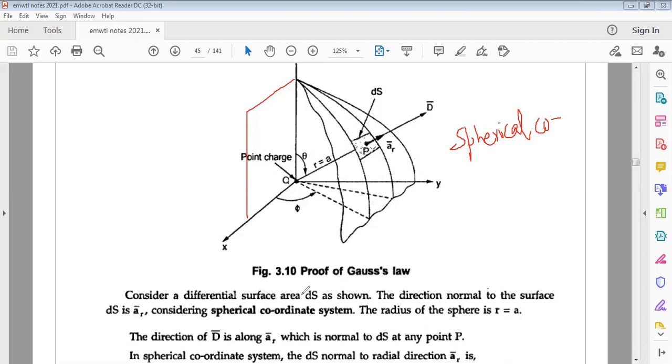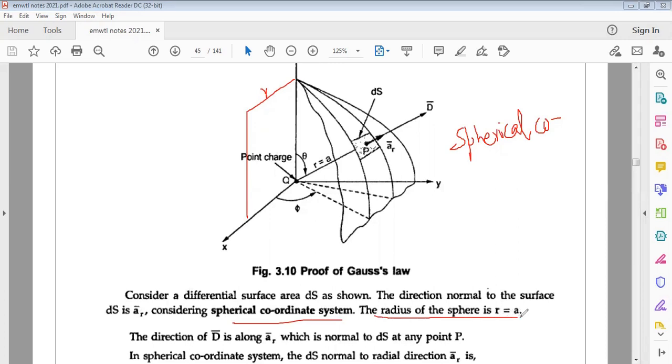Consider a differential surface area ds, a small differential surface area at the point P. The direction normal to the surface ds is a R bar, because the line is along R here, and that a R bar is the direction. Consider a spherical coordinate system.